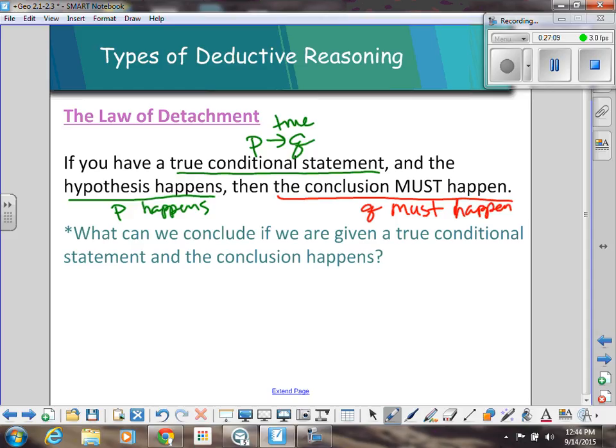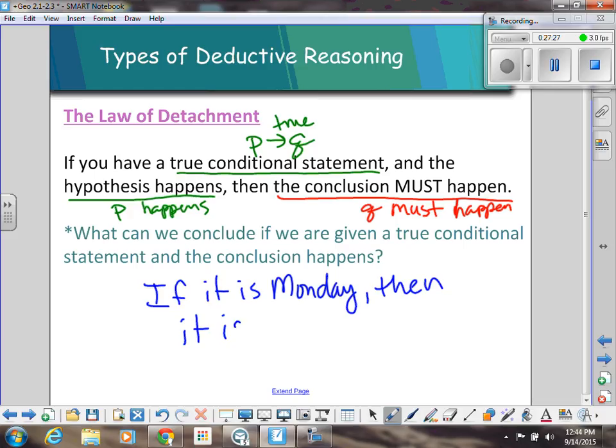So let's come up with an example. All right, let's do something that we can't argue with. Let's say, all right, here's my conditional. If it is Monday, then it is a weekday. Would you agree with that?